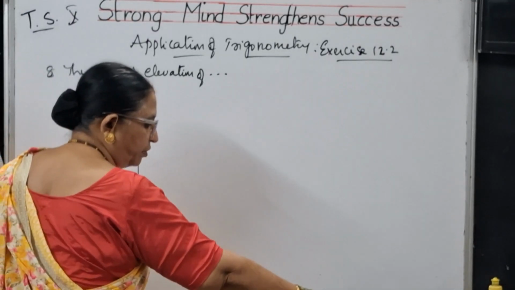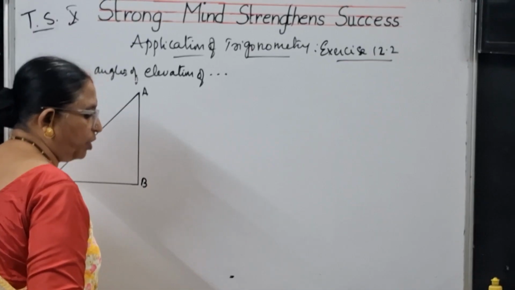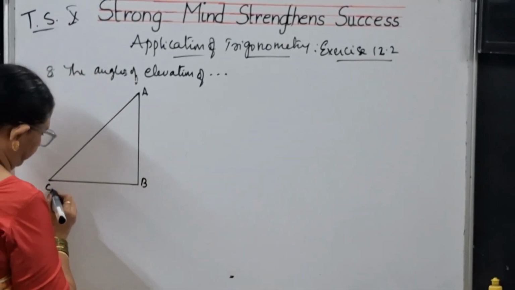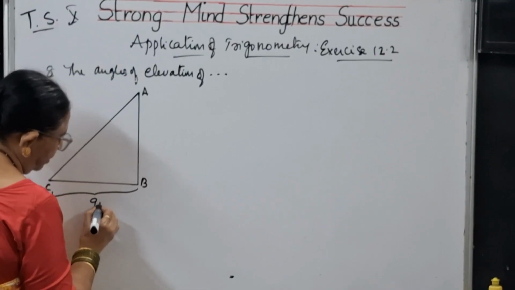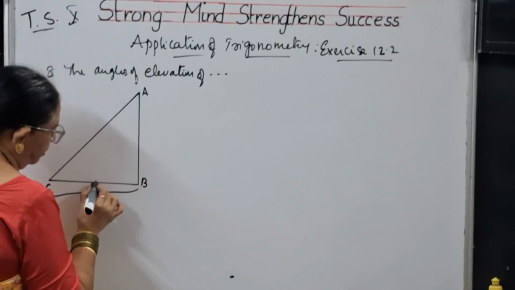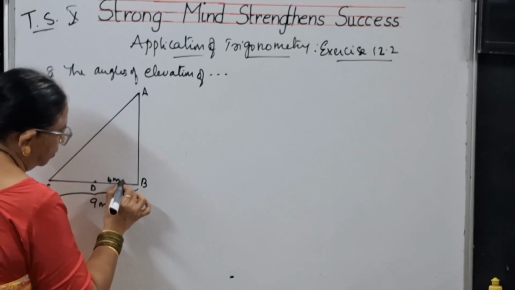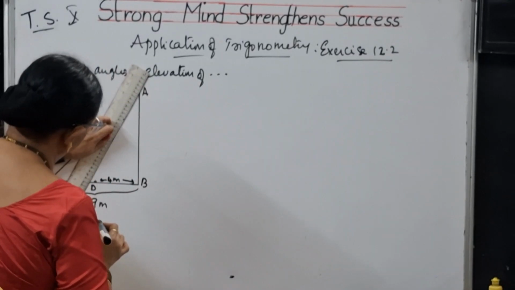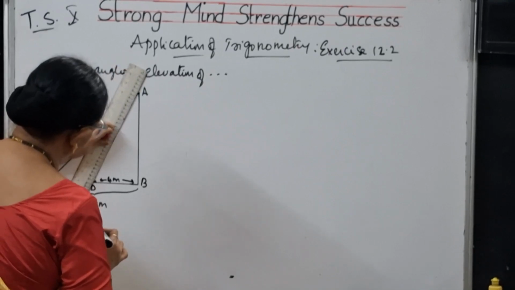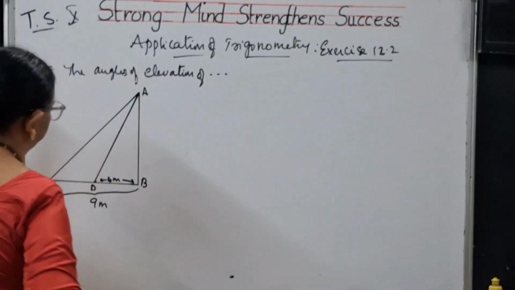The angles of elevation of the top of a tower from 2 points at a distance of 4 meters and 9 meters. That means this is 1 point, the distance is 9 meters, and let me take this point as D. This distance is 4 meters. So here you have got another angle of elevation.